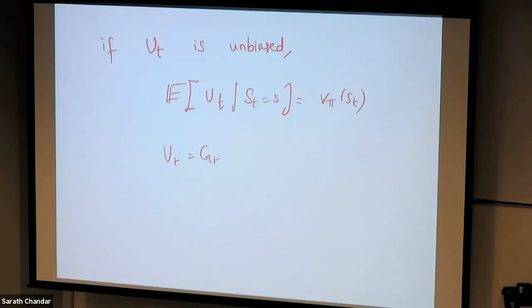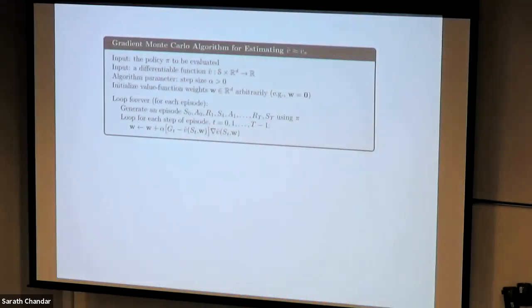Now let us see our first algorithm with function approximation. This is gradient Monte Carlo for estimating V pi. Remember, we are still in the prediction problem. We are not doing control yet. So this is gradient Monte Carlo where you have been given a policy and you want to estimate the value of the policy. The value function is a differentiable function.